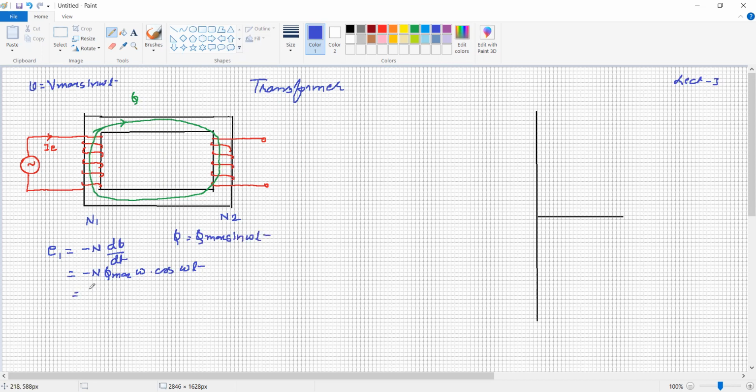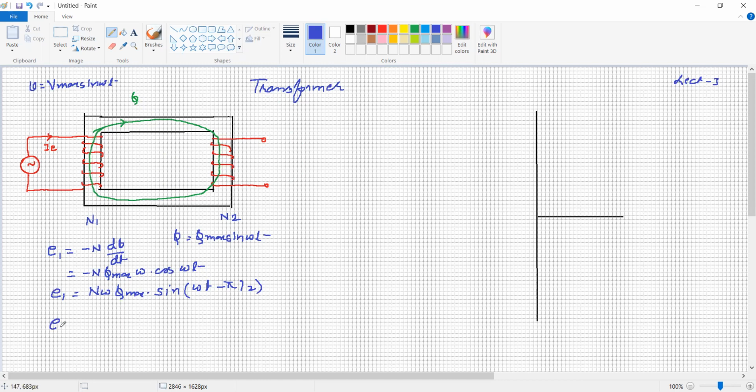So now it can be written as N omega phi maximum into sine of omega t minus pi by 2. This is the EMF induced in the primary winding, E1.